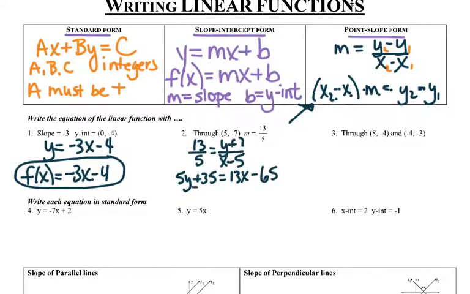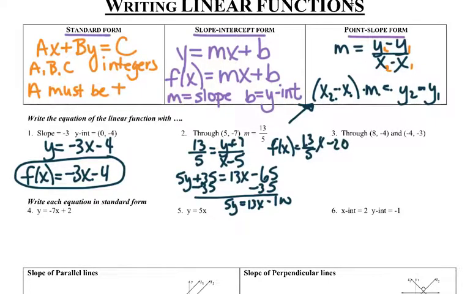And then I can solve this for y. So I'm getting here 5y equals 13x minus, isn't that 100? And if I divide everything by 5, I get, and I'm going to write it in function notation, 13/5 x minus 20. That's the equation of that line, given a point and a slope.